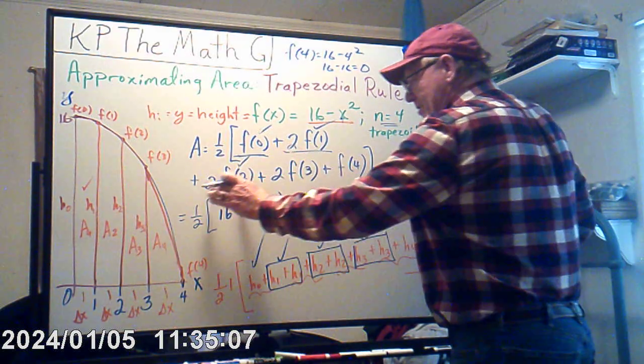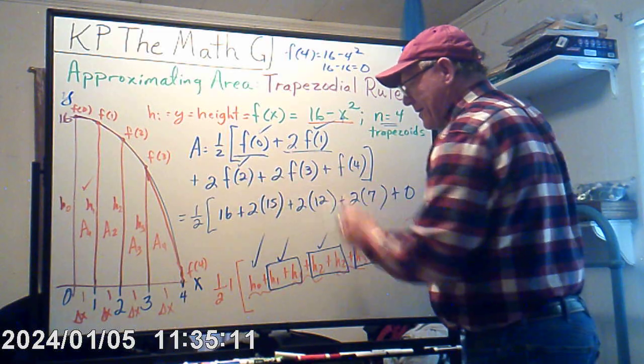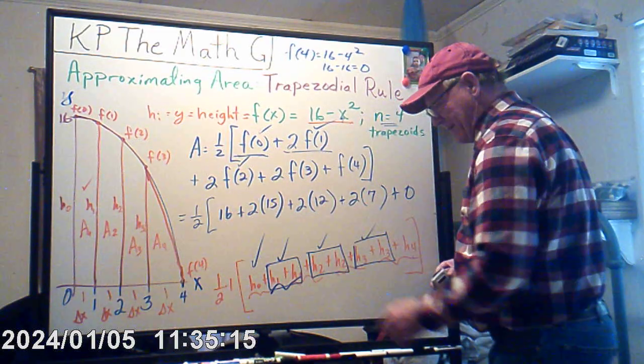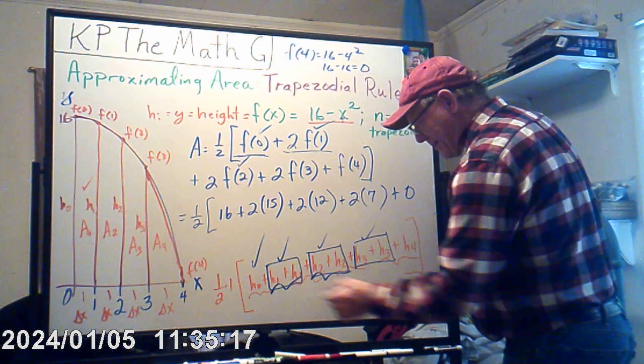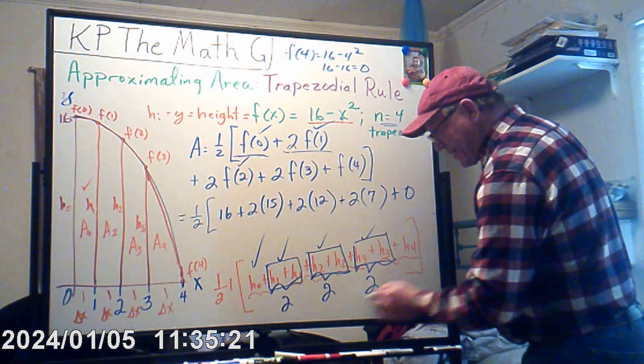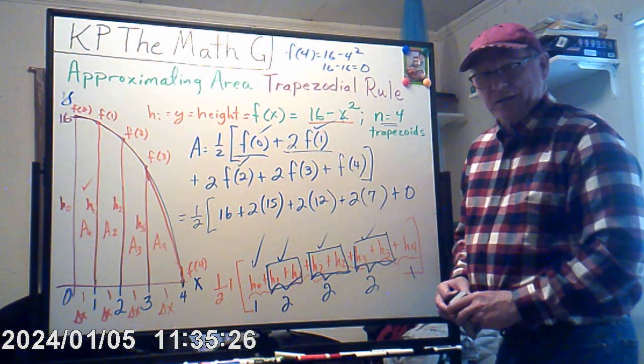In between, it's 2 times, because you simply got 2 of each one of these. We looked at that earlier. Just like this, right here. 2 of these, 2 of these, 2 of these, 1 of these, 1 of these. Okay, make sense?